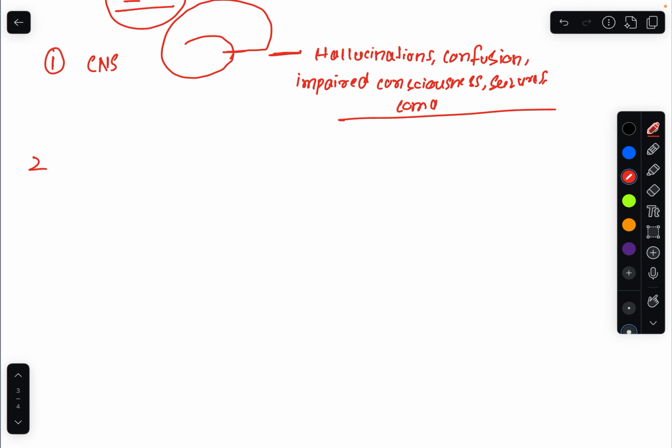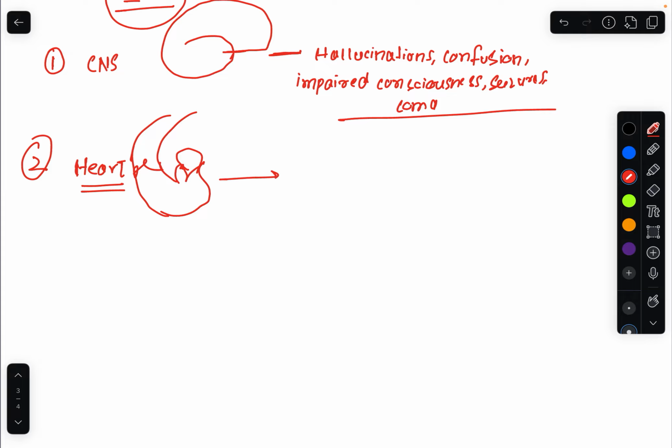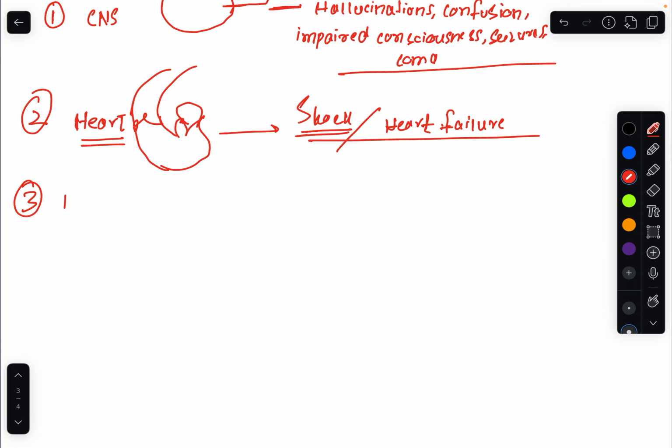Then coming down towards the heart. When the heart is affected, you can have shock or heart failure. It can also be seen in severe malaria. Then third are your lungs.